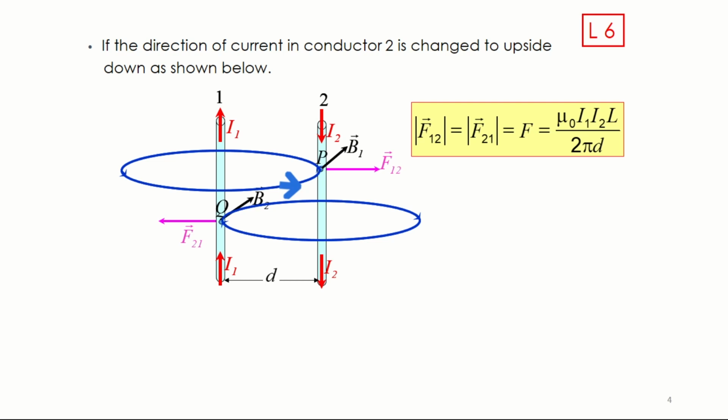To determine direction B1, the direction of current I1 is outward, so the thumb points outward. So direction B1 is anti-clockwise, and direction B1 at point P is into the page.